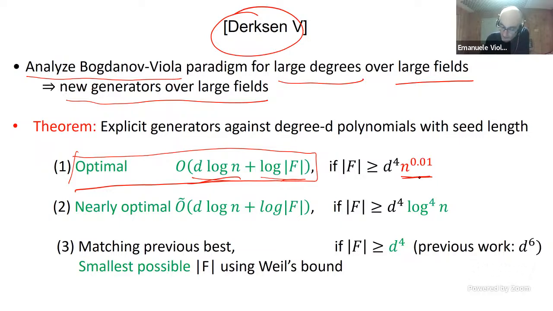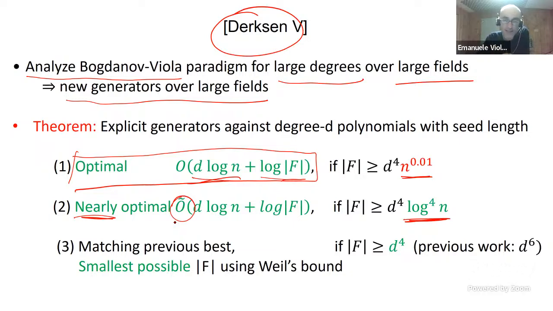If you want to reduce the dependence on n, you can make it a power of log n. That's much better, and you get nearly optimal, with some logs hidden in this O tilde.